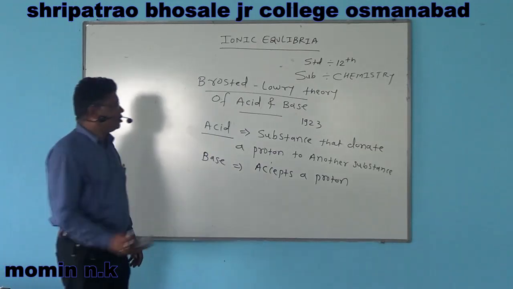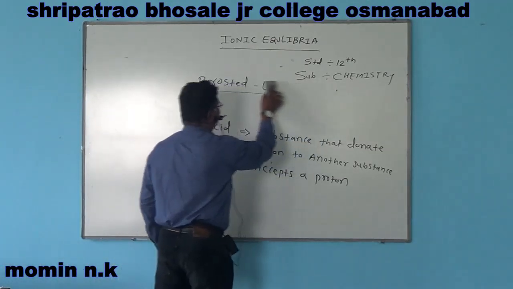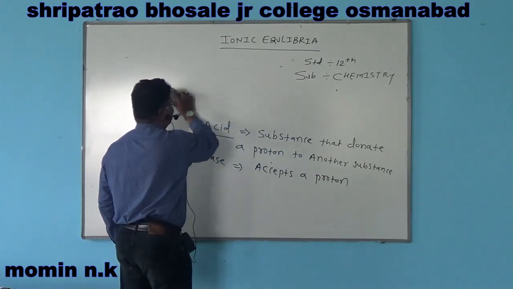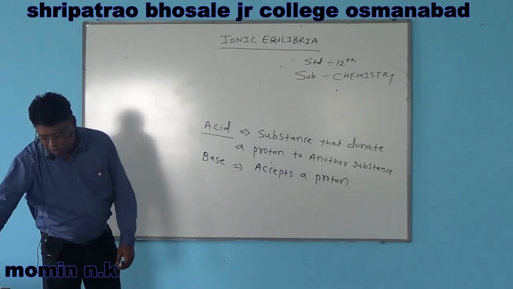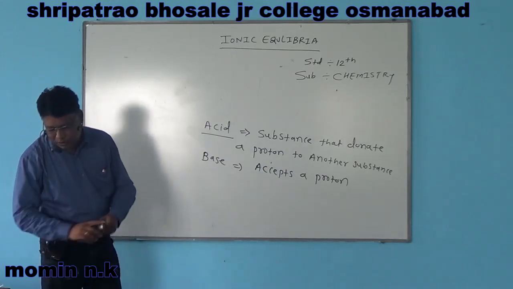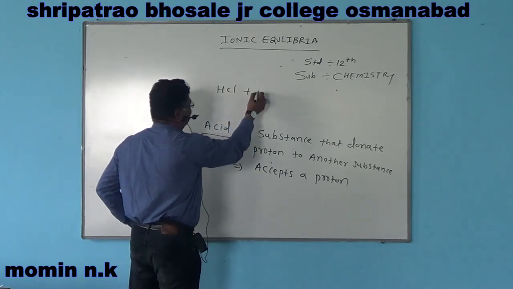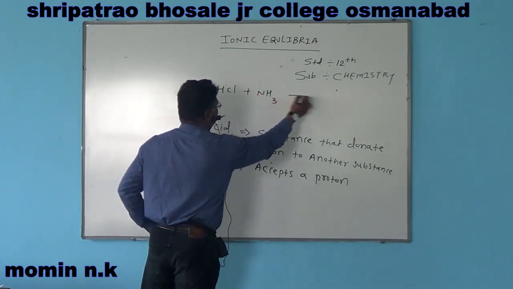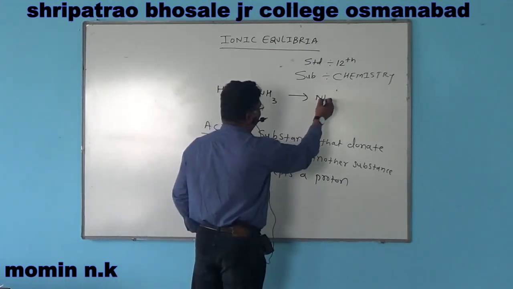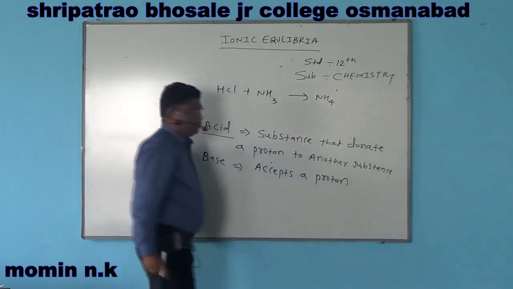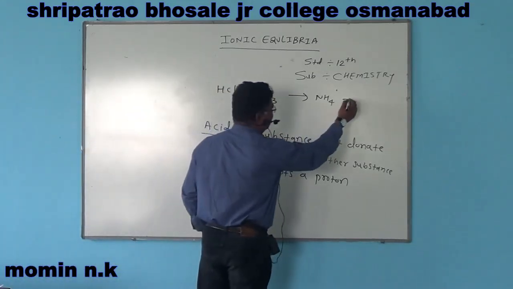So there is one example we want to study for the definition of acid and base given by Bronsted-Lowry. You know that HCl reacts with ammonia to give NH4 positive plus Cl negative.